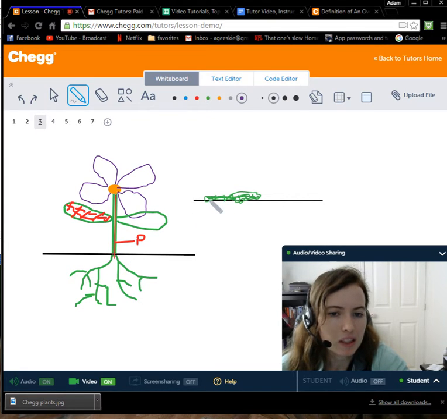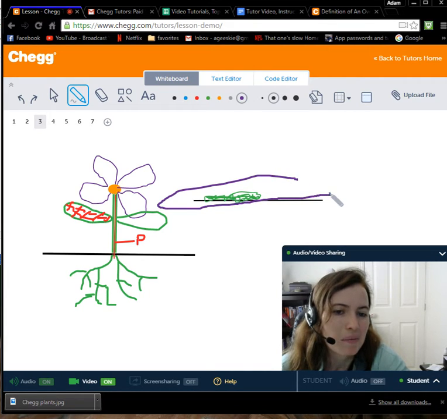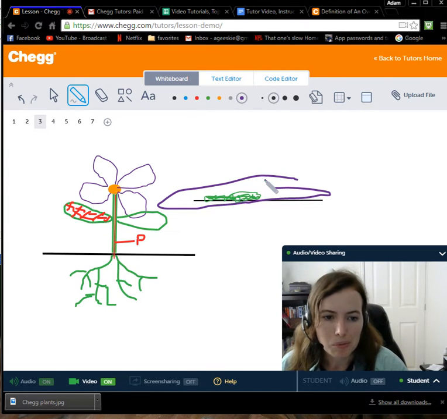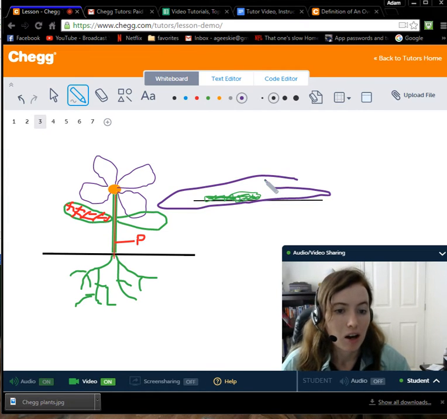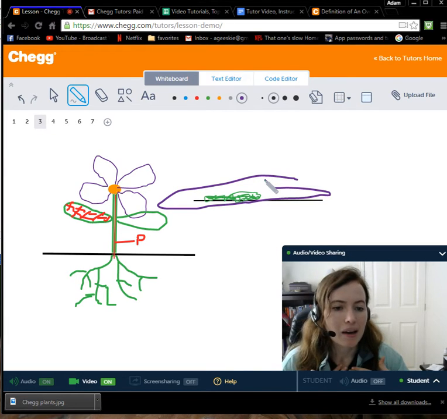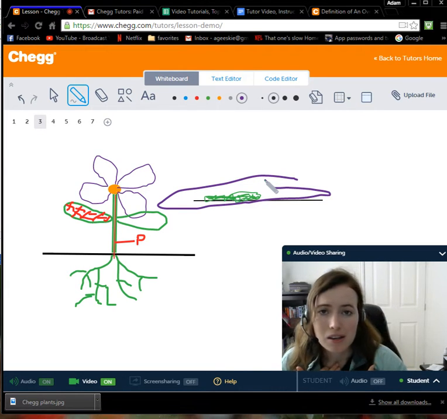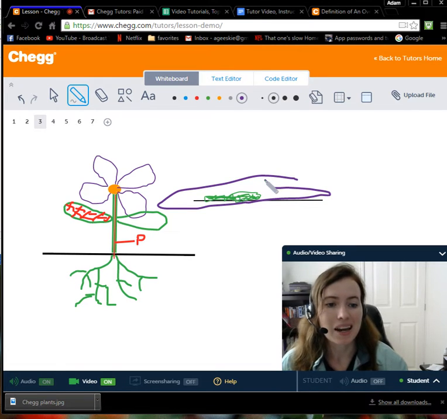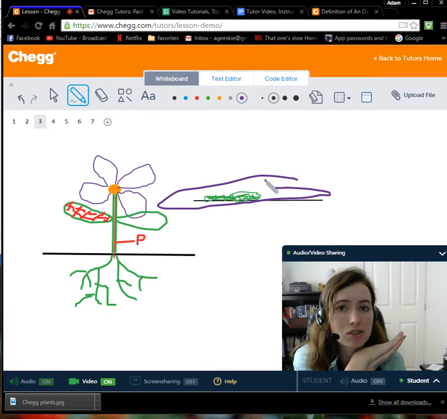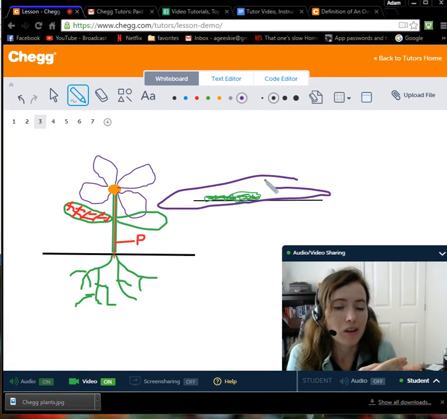Here's your non-vascular plant. I know it's a silly drawing, but it's very low to the ground. Think of just normal moss. That's a non-vascular plant. I live in England, so when I'm walking out in nature, I'm most likely stepping on moss because it's so wet here all the time.